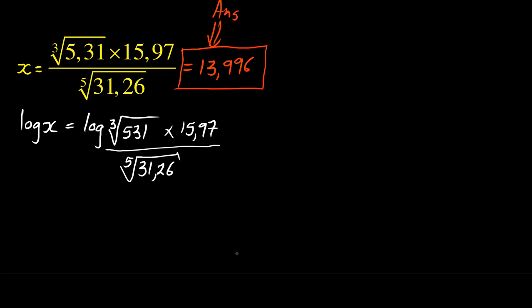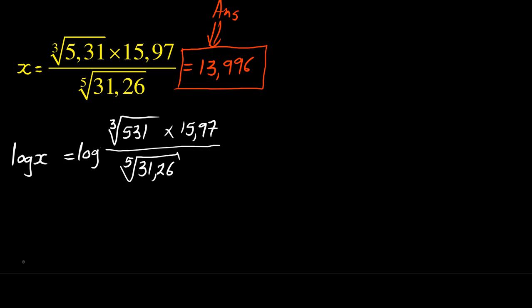So this is basically what I did. I just introduced the logarithm so that I can have my equal sign there. So it's more like I'm saying log x is equal to log.